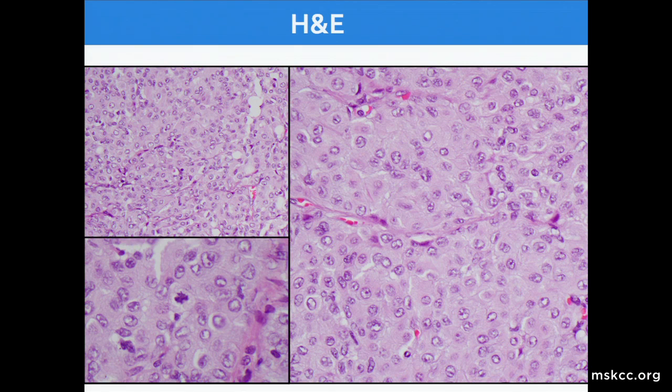There are irregularities in the nuclear membranes. There are occasional nucleoli, clearing of the nucleolus, and there's abundant pale pink cytoplasm. There were some mitoses seen. There weren't too many, but they were there, approximately 5 in 10 high power fields.